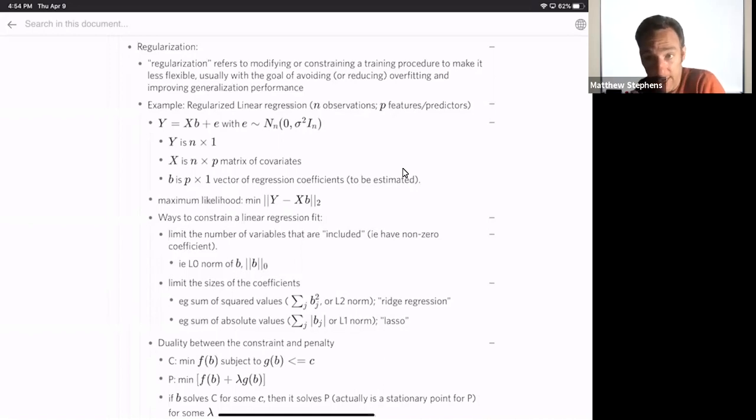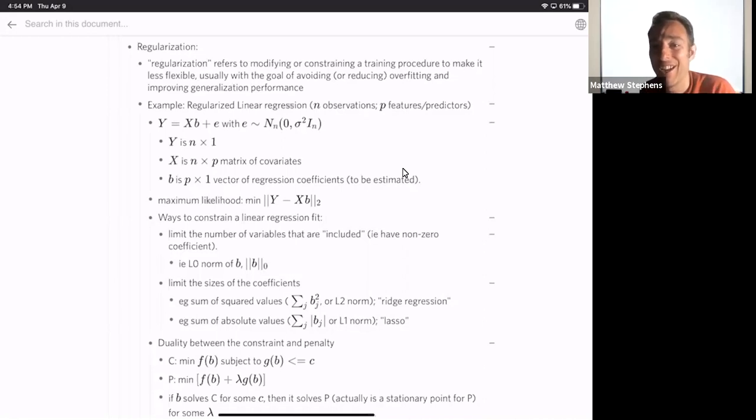But then as I let you have a little bit more wiggle room, you get more flexibility about how big b should be. And if I make that constraint relaxed enough, essentially it becomes no constraint whatsoever. So it goes from a very extreme constraint, the sum of the squared values is 0, which says all the b's are 0, and you basically have to predict y with 0.